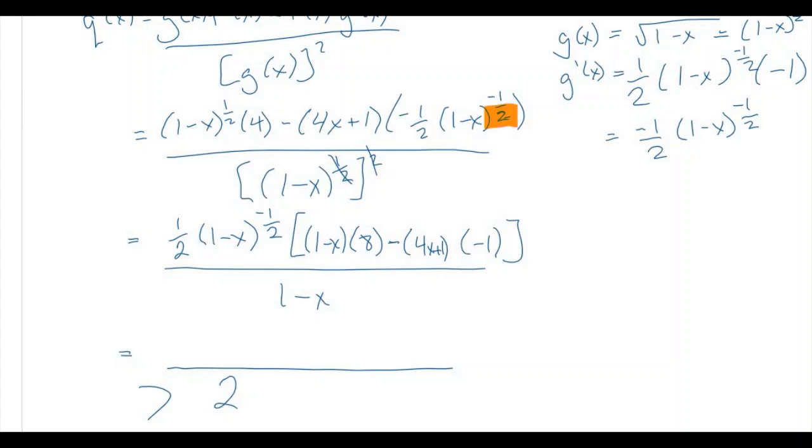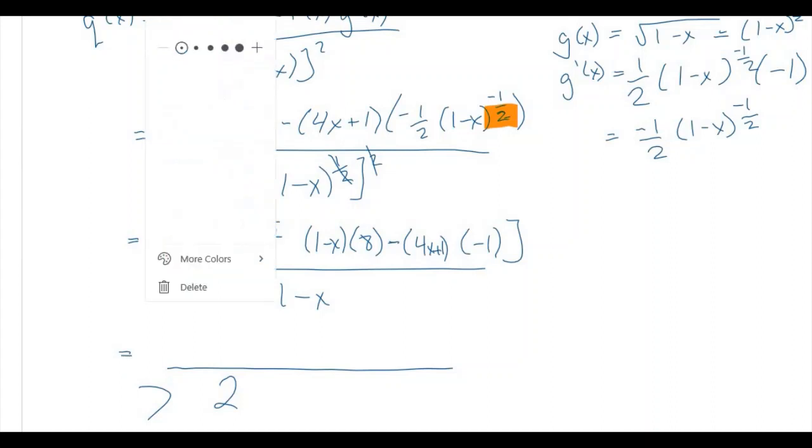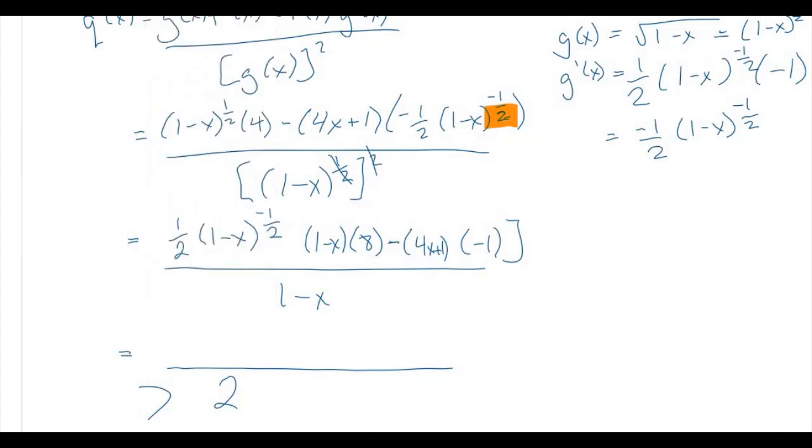And then the next part, let's move this part down. And then we just take that, we move it to the denominator, and we get rid of the negative exponent. So it becomes 1 minus x to the power of 1/2. And then we leave the 1 minus x that was originally in the denominator where it was.